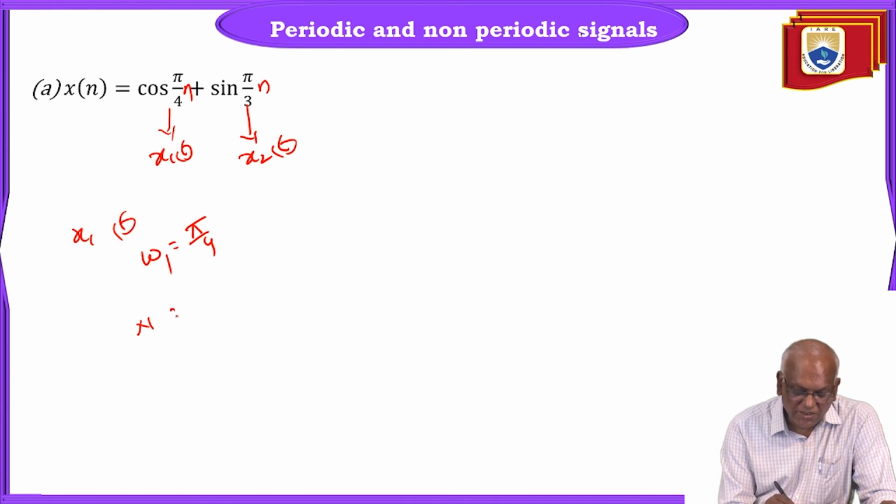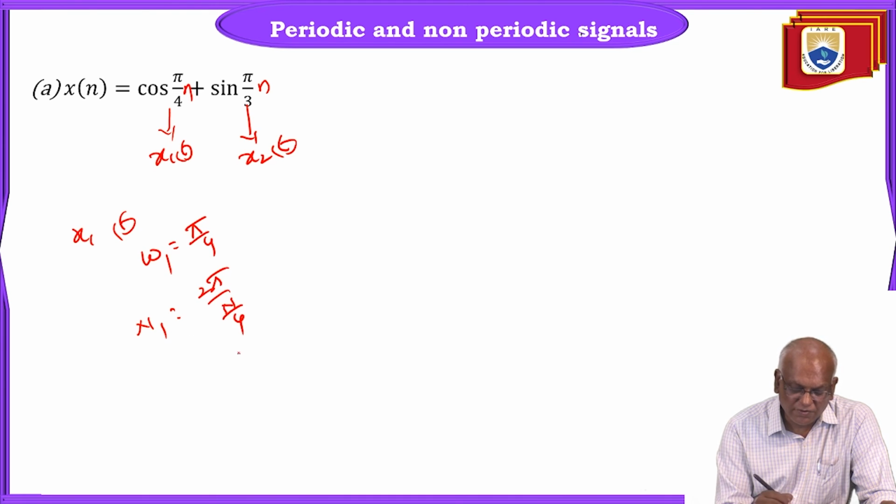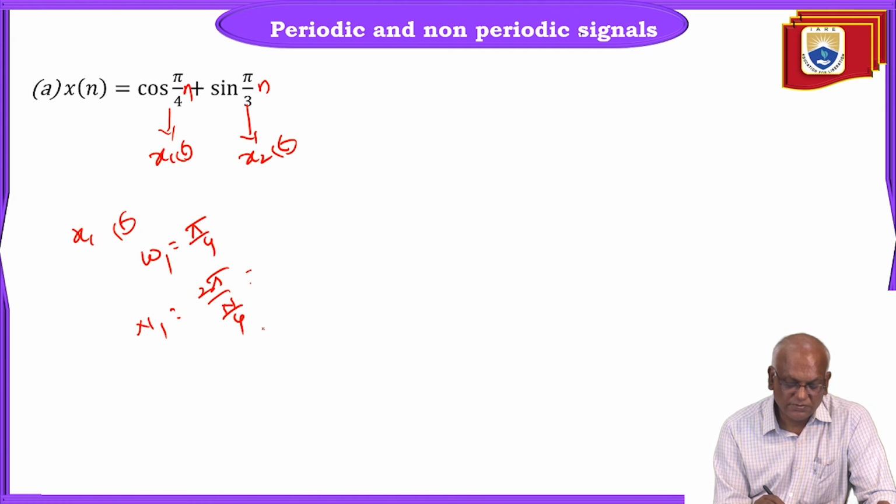For N, N1 is given by 2 pi divided by pi by 4. Pi cancels. N1 equal to 8.